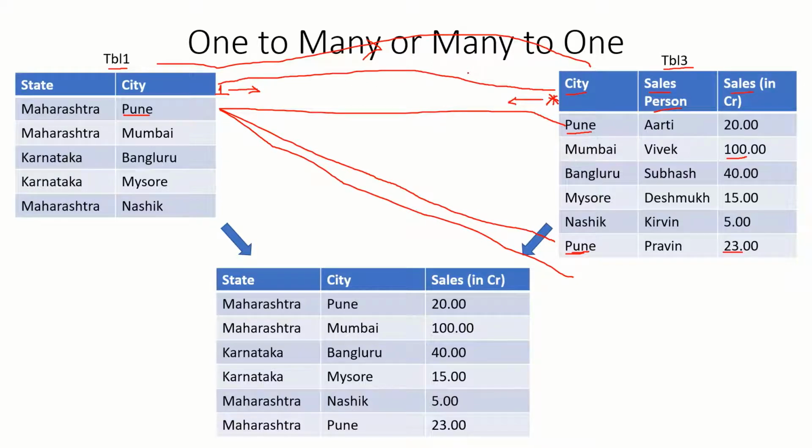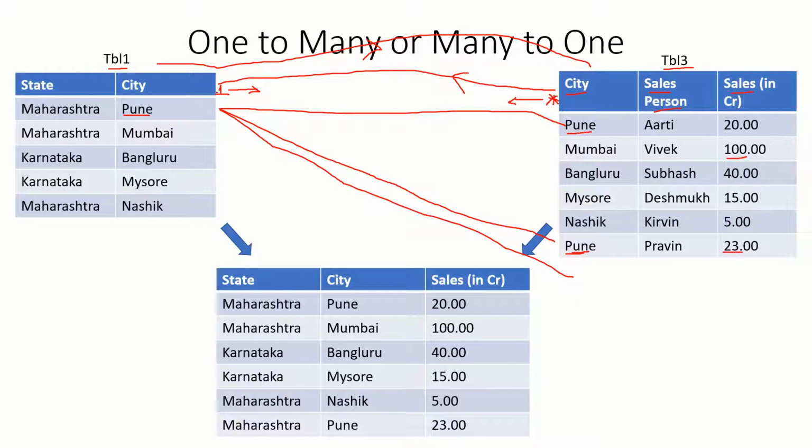This is the direction, right? So it's many to 1. I guess you have understood when we term a relationship as 1 to many and when we term it as many to 1. It depends on the context from where we are observing the relationship.